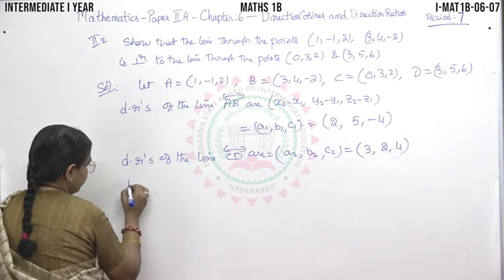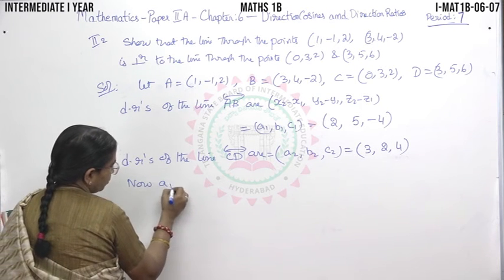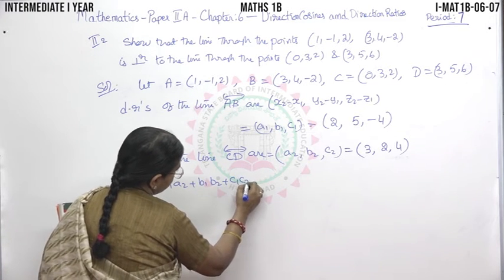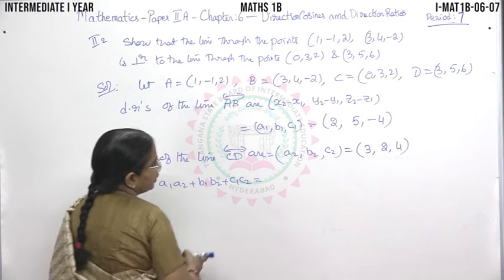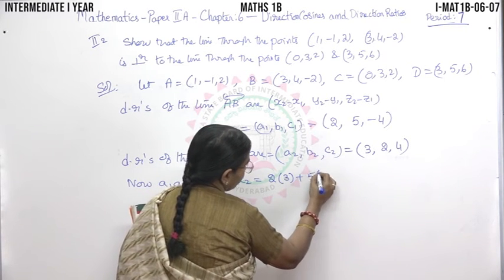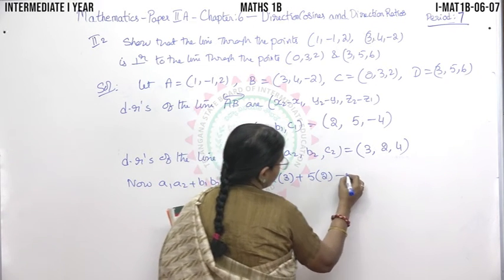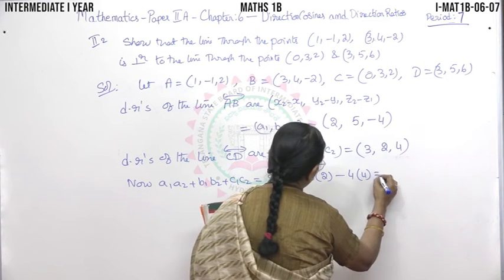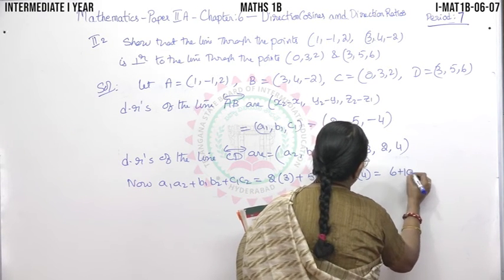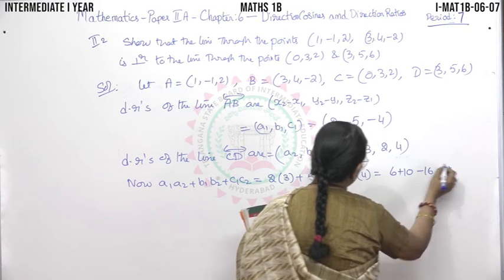Now we'll find A1A2 plus B1B2 plus C1C2. If it is 0, then they are perpendicular. So when we multiply, it is 2 into 3 plus 5 into 2 minus 4 into 4. So it is 6 plus 10 minus 16, which is equal to 0.